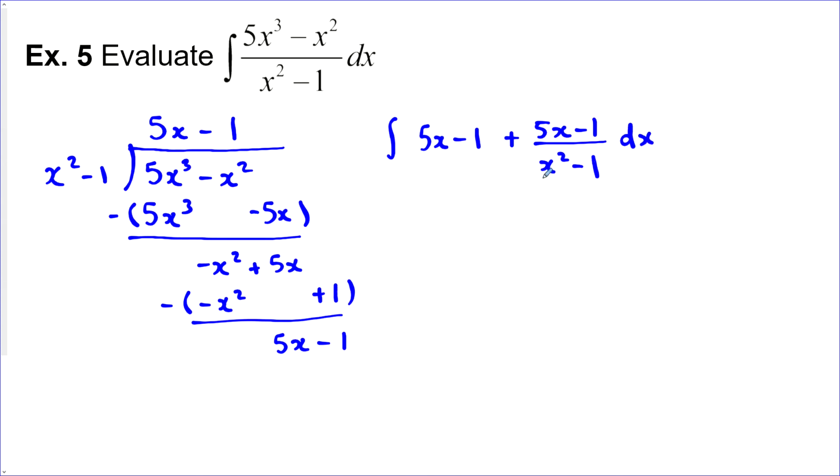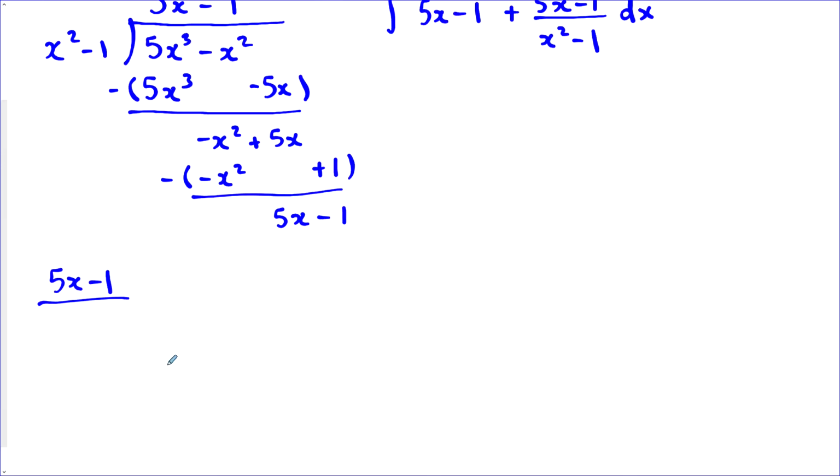Now, when I'm looking at this, I take the derivative of x squared minus 1, and I don't get the numerator. So this wouldn't be a good candidate for substitution. Let's try breaking this down using our partial fractions. So we have 5x minus 1 divided by x squared minus 1, and we can factor that into x plus 1, x minus 1.